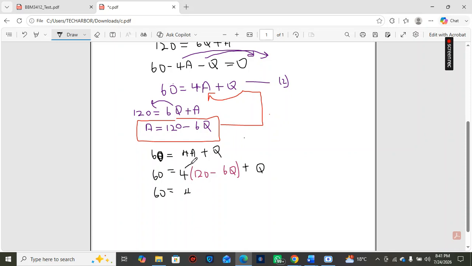We're distributing, 4 times 120 is 480, and 4 times negative 6 is negative 24Q, plus Q.